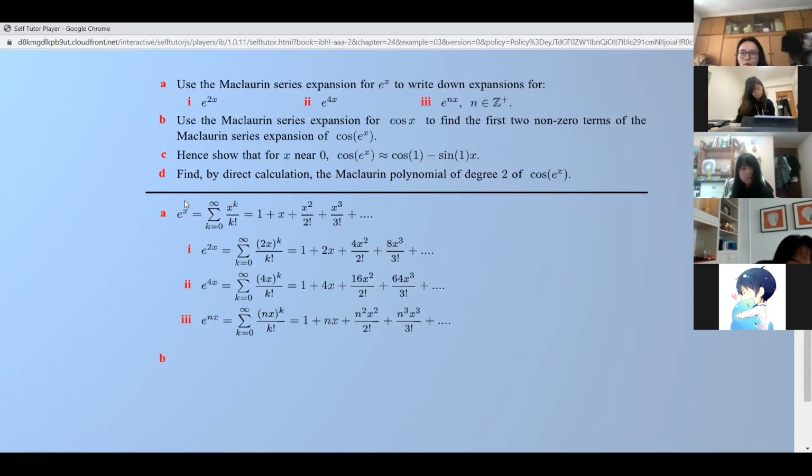In part B, we begin with the first few terms of the Maclaurin series expansion for cosine x. If we want, we could also use the summation notation form, but we will come back to this in a minute. To find an expansion for cosine e to the x, we substitute e to the x in place of x.